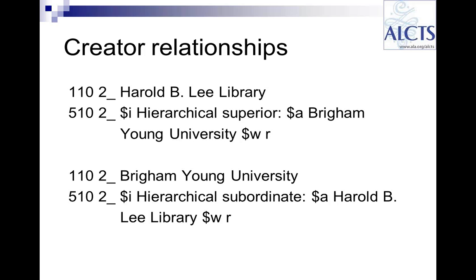For hierarchical relationships, this is particularly useful in cases where subordination in the heading doesn't make clear what the relationships are. So, for example, the Harold B. Lee Library can now be clearly linked to Brigham Young University as its superior body, and then the inverse relationship could also be recorded.